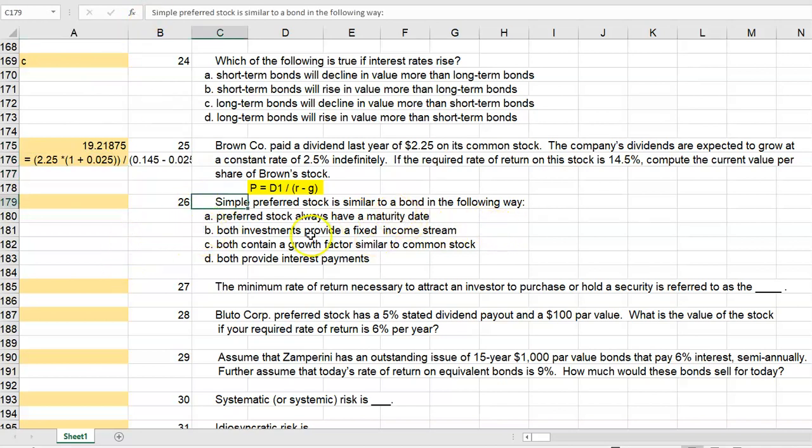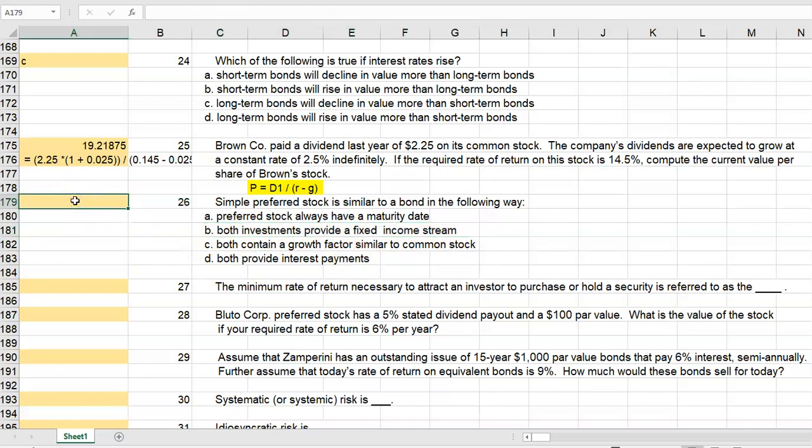Simple preferred stock is similar to a bond in which way? Well, they don't have the same maturity. Both investments require a fixed income stream? Yep. Both stocks have a growth factor? No growth factor. Preferred stocks don't pay interest.